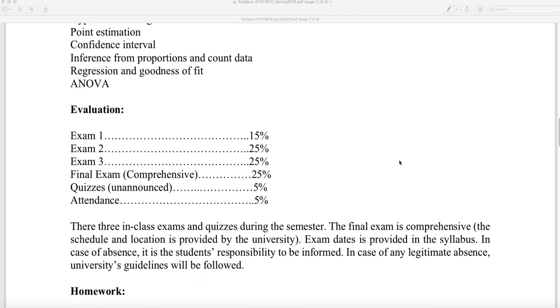The evaluation from 100% is: first exam is 15%, second exam and third exam 25% each. Final exam is 25%. 5% is for quizzes and 5% is for attendance. I don't record your attendance in each class. Sometimes we have quizzes and some basic game quizzes.